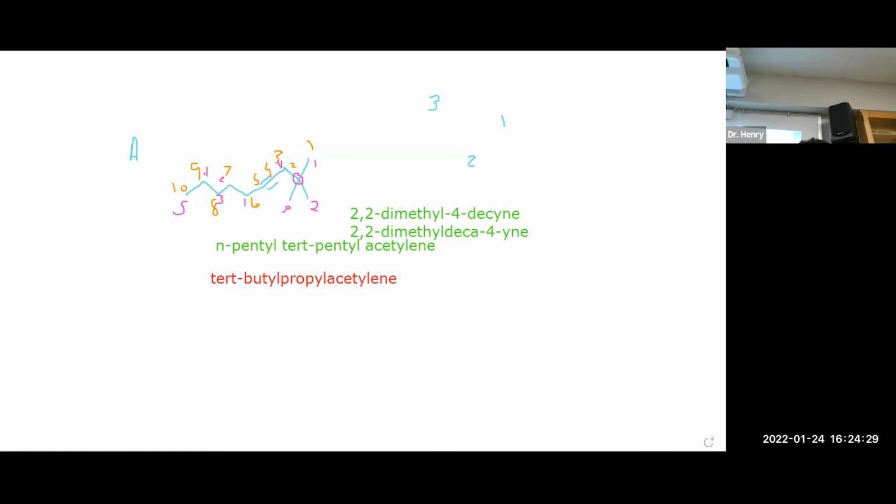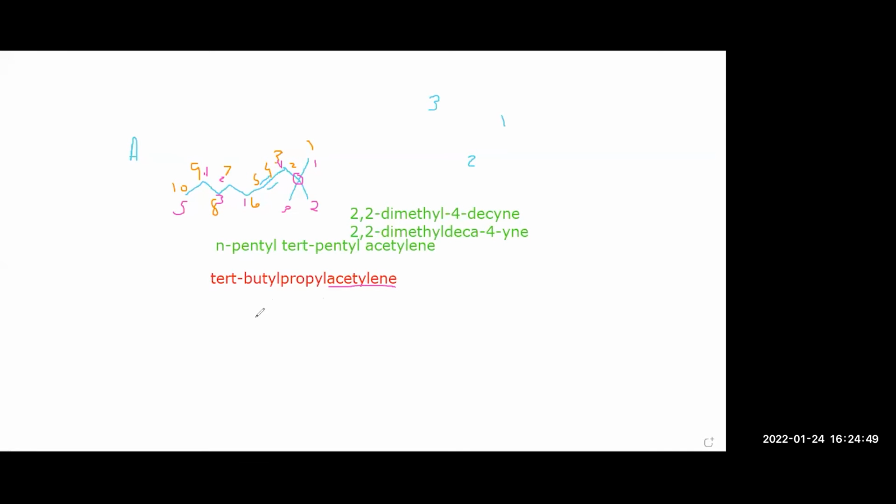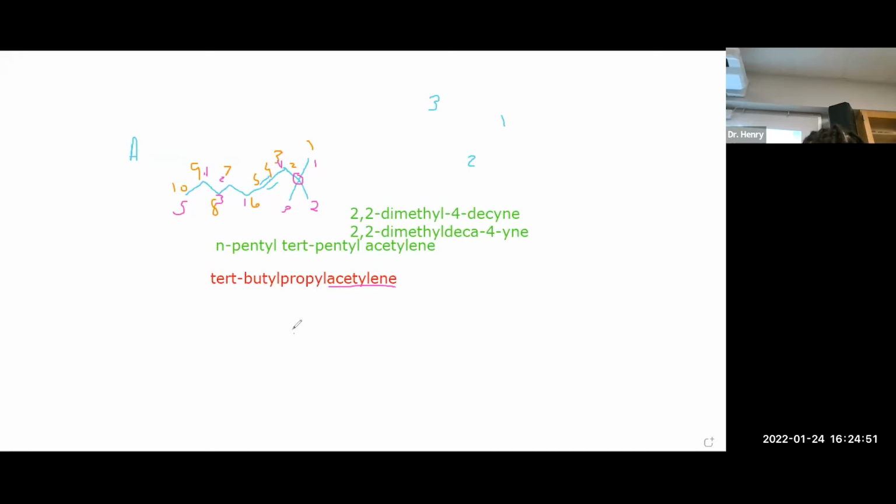Okay, so the acetylene, what does that mean, Jesse? Triple bond. Okay, so we have a triple bond, right? Now, what's going to be on one side of the triple bond? Tert butyl. So what does tert butyl look like? It's going to be a cross.